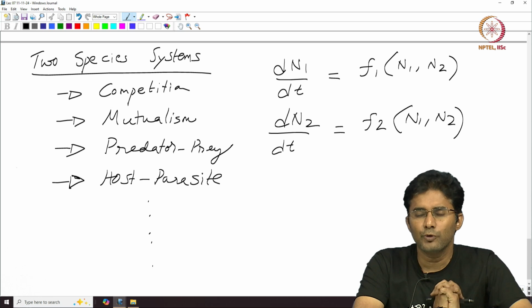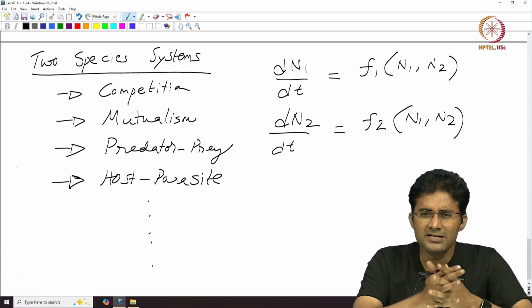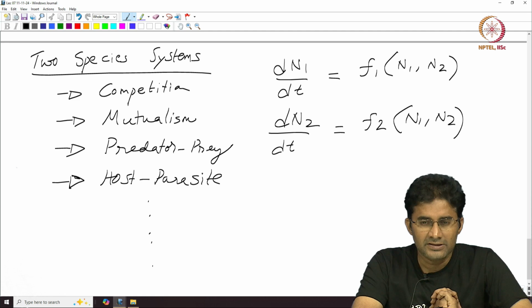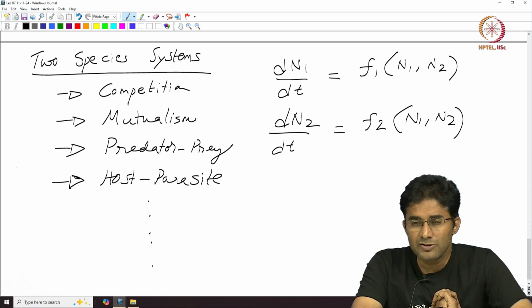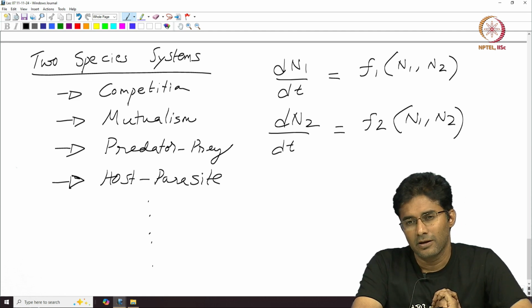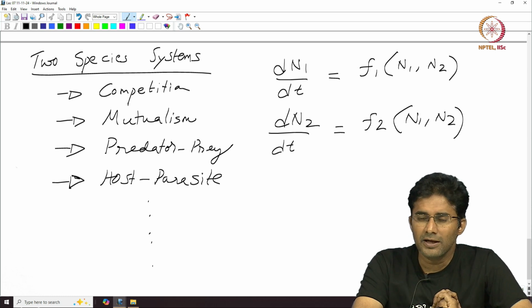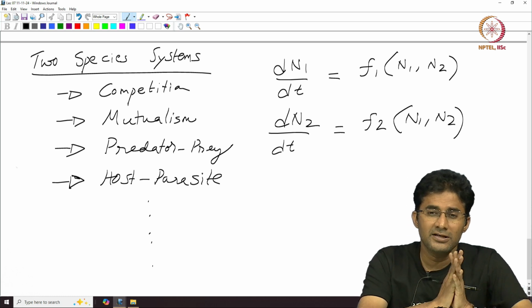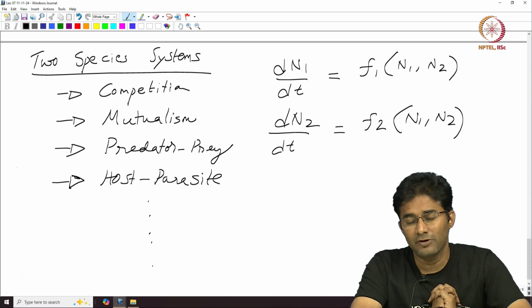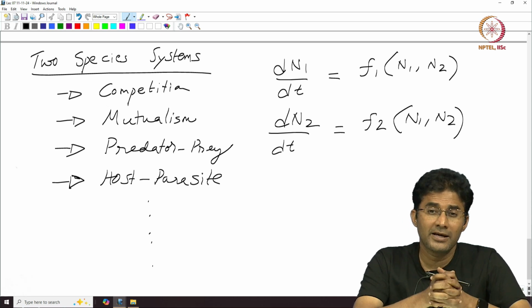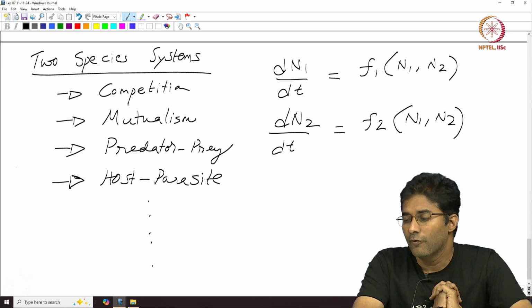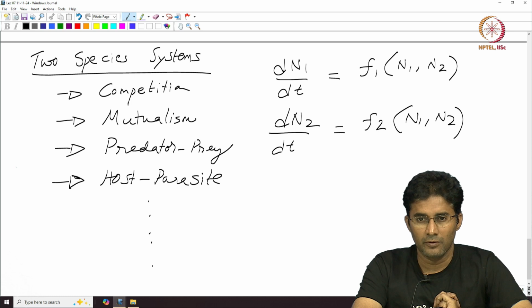But with additional mathematical skills one can actually analyze these dynamics much more completely. It turns out that we now have not only stable and unstable equilibria, we can also obtain cyclical populations when we have two species.